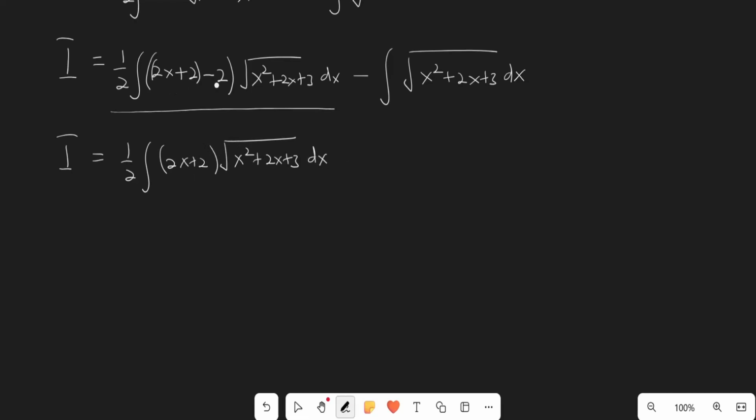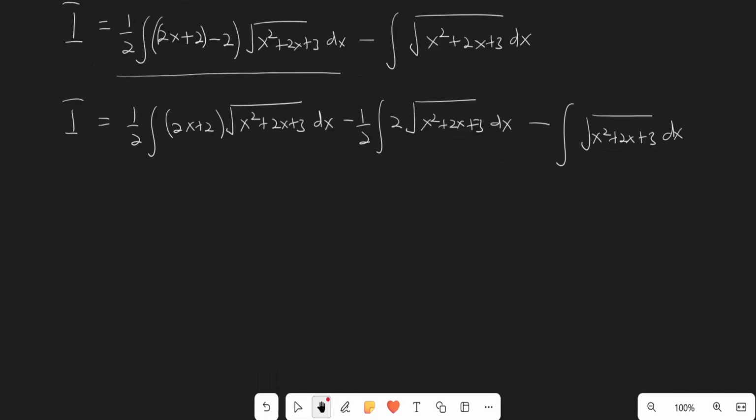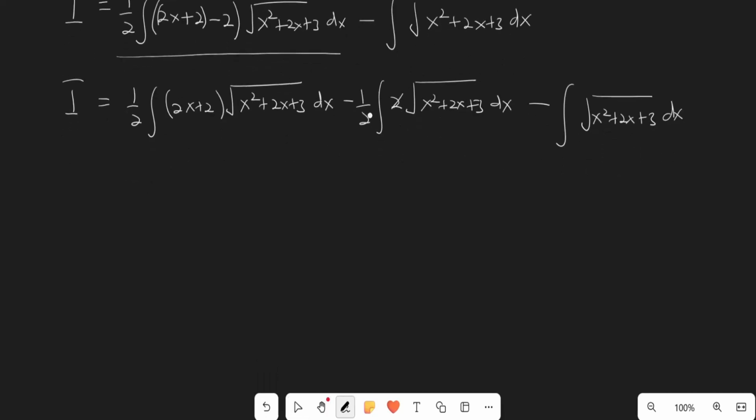And then this one multiplied by the 2 with half in front of the integral, so the integral of 2 multiplied by the square root of x squared plus 2x plus 3 dx. And then minus this integral, which is the integral of the square root of x squared plus 2x plus 3 dx. Cool result. Now this one will cancel the 2 and then we have just 1.